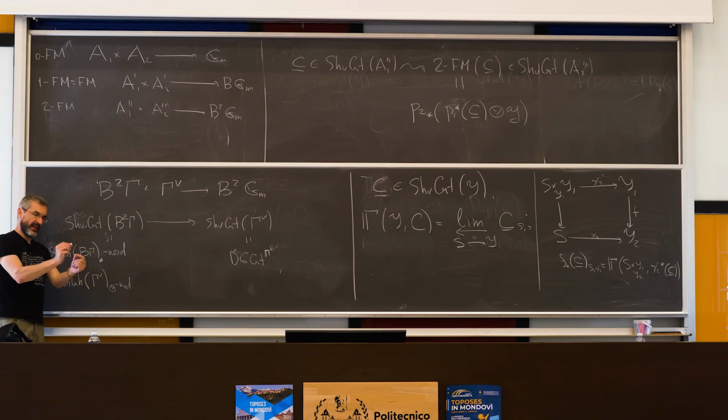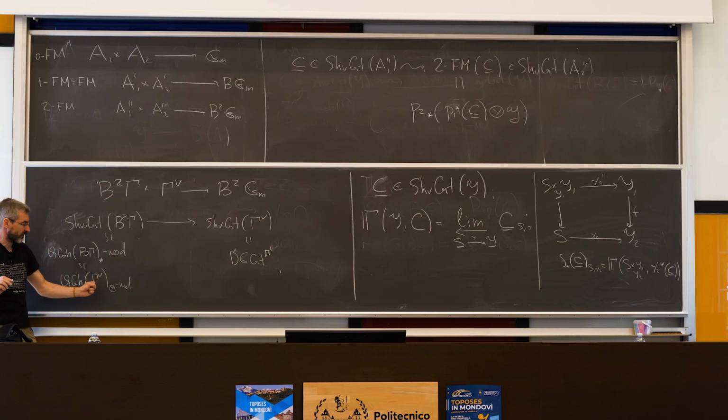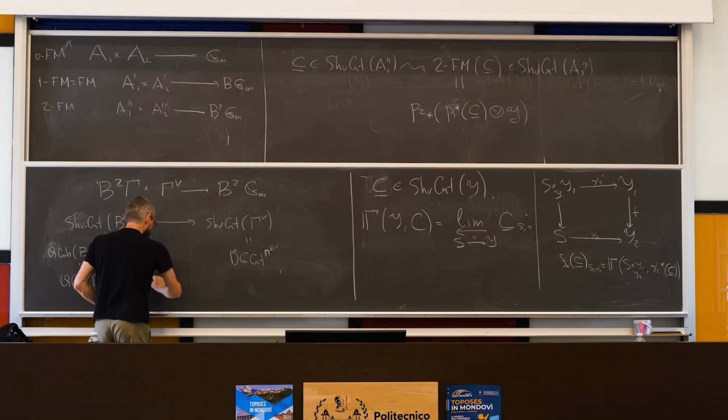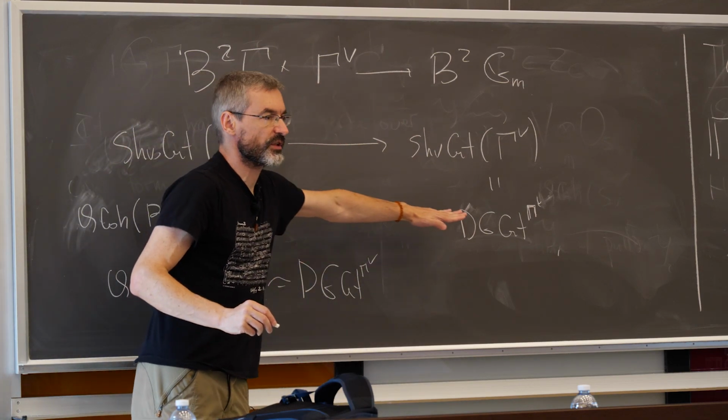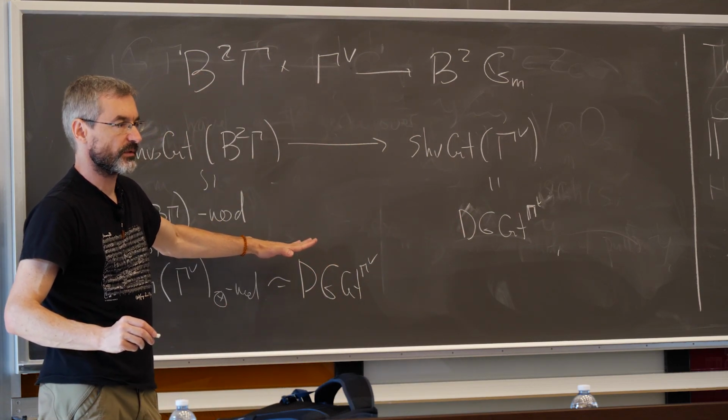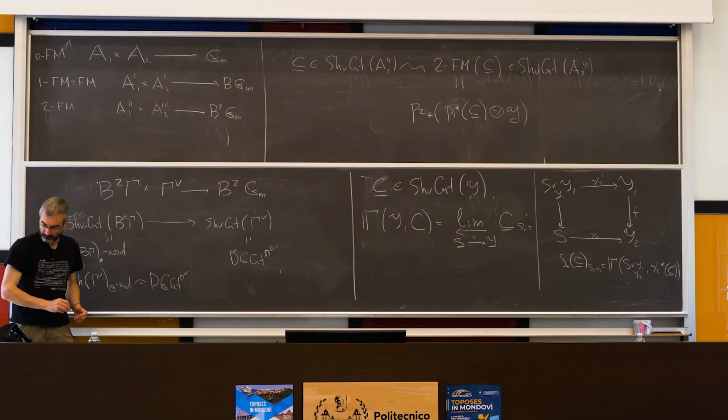It's like you have a vector space sitting at every point of gamma check. You have a bunch of idempotents. So here you have a category on which you have all these idempotents indexed by gamma check. So this is really on the nose DG cat gamma check. So the 2 Fourier-Mukai in this case gives this tautological equivalence. So that's what it looks like in this example.